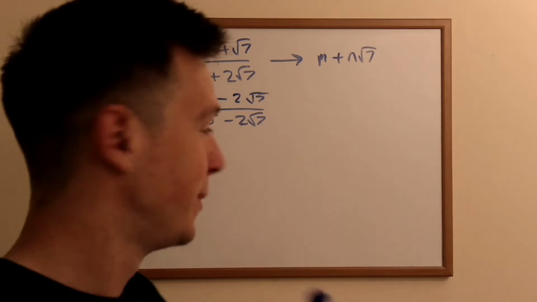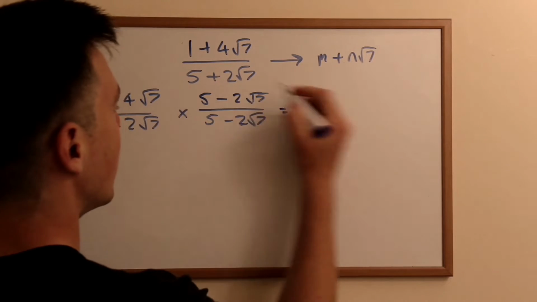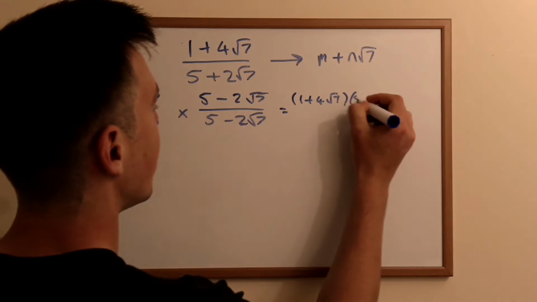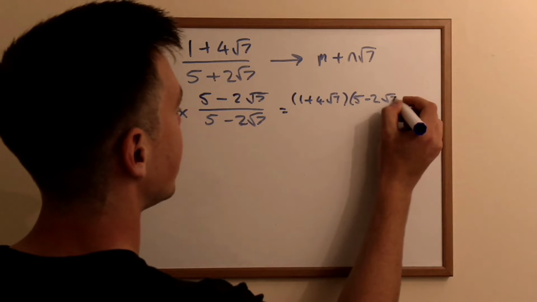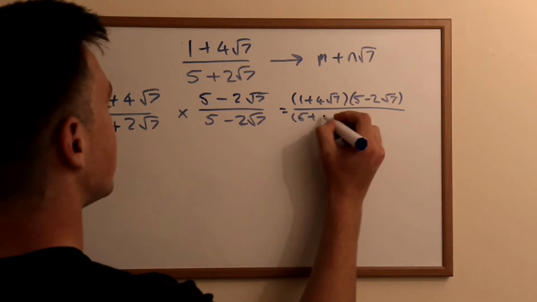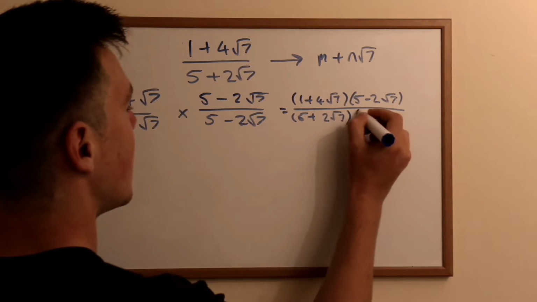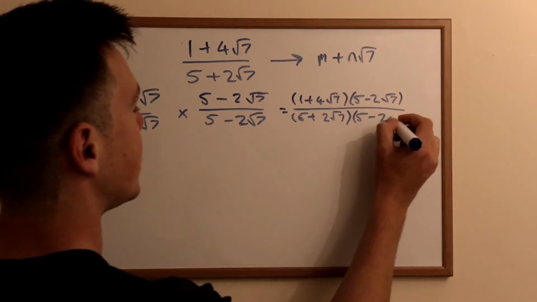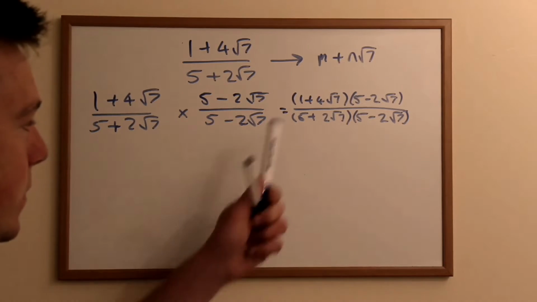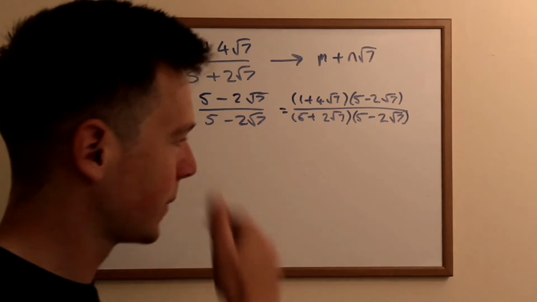We're going to fuse them in. So 1 add 4 root 7, 5 minus 2 root 7 over 5 plus 2 root 7, 5 minus 2 root 7.